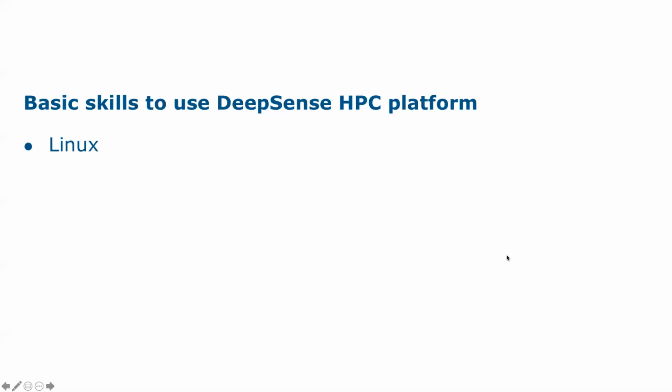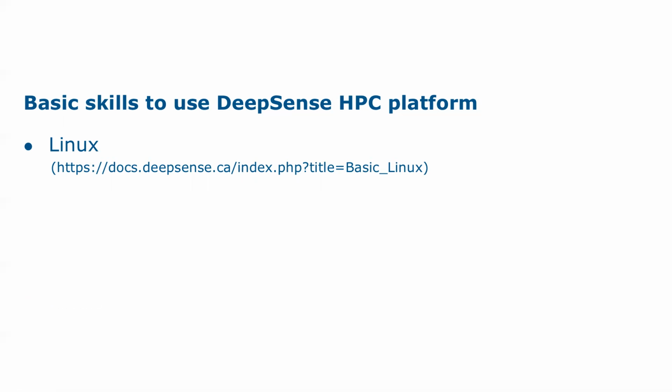There are some basic skills that you need to have to use the DeepSense HPC platform. The first one is Linux. You can see some basic Linux instructions on this link. It's the public wiki of DeepSense. If you have zero background in Linux, don't worry.